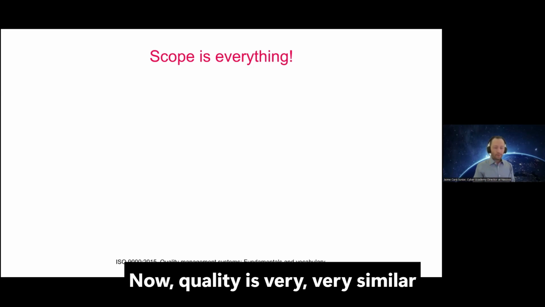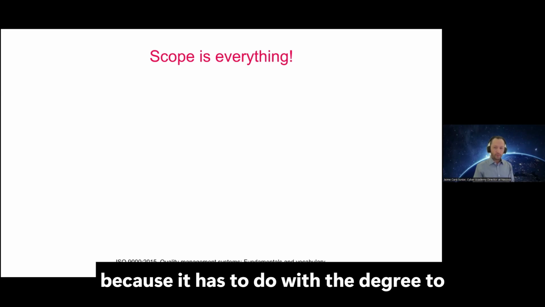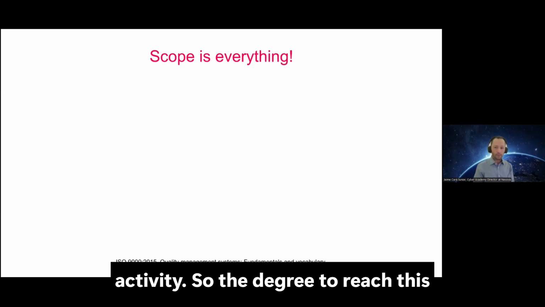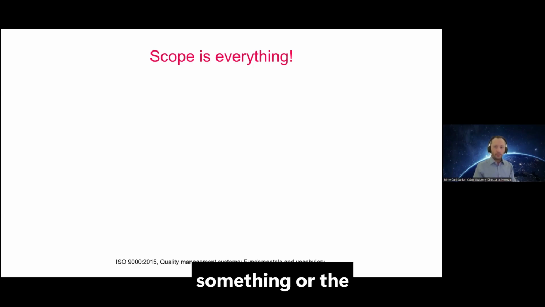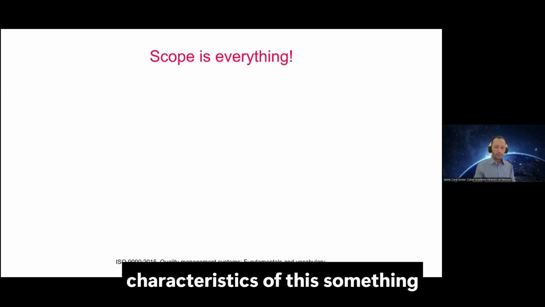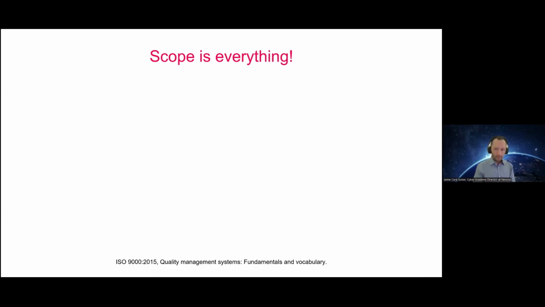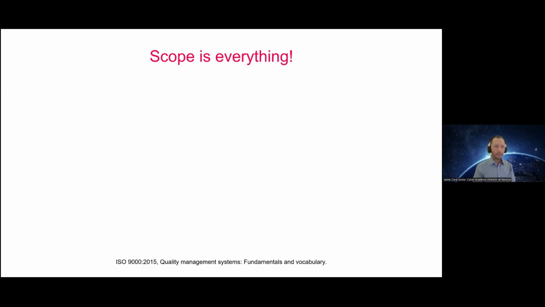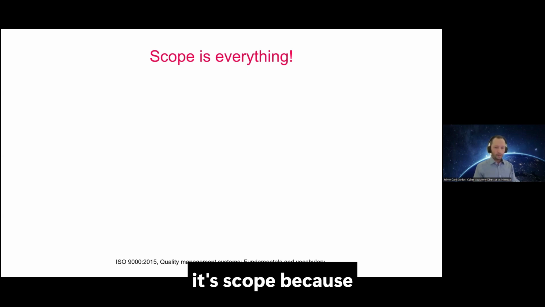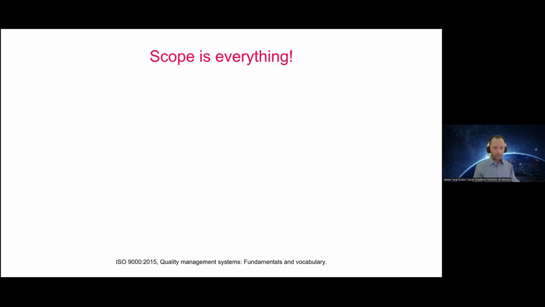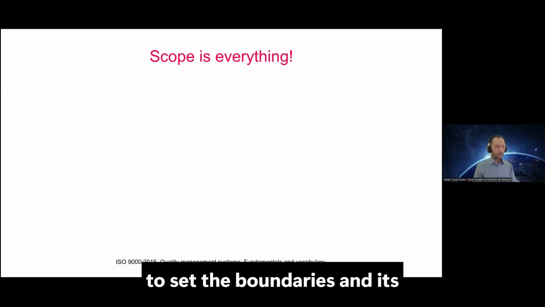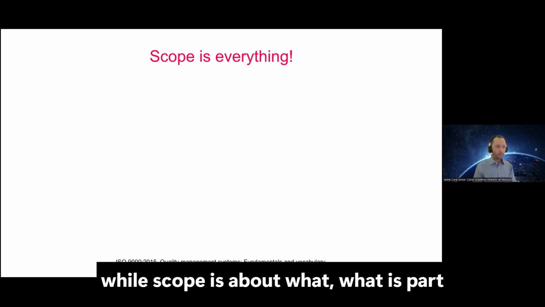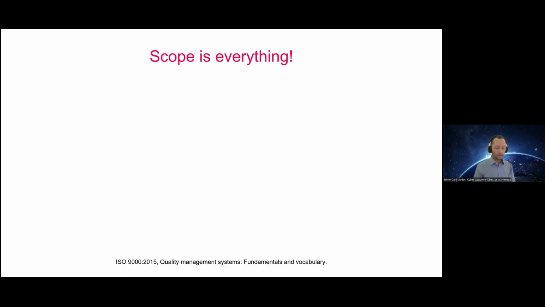Now, quality is very similar because it has to do with the degree to which this something, which can also be a system, a product, a service, an activity, or the set of inherent characteristics of this something, can fulfill requirements. So that's quality. But at the same time, it's scope, because scope is driven by quality to set the boundaries and applicability, so that quality can measure how well you do stuff, while scope is about what is part of it and what's not part of it.